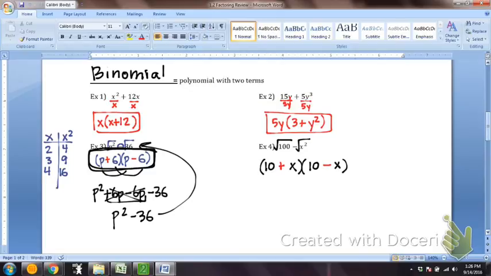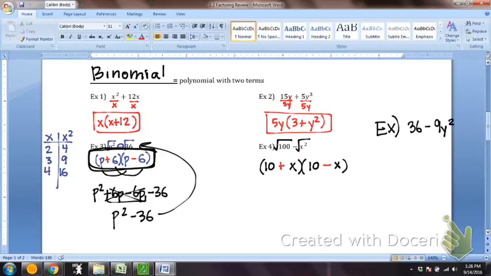Okay. Let's try this problem. I'm going to make another one at the bottom or out to the side. Let's try this example. 36 minus 9y squared. Can you guys see that over there? 36 minus 9y squared.